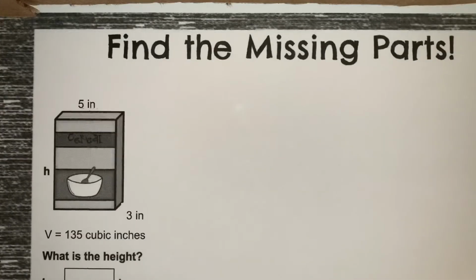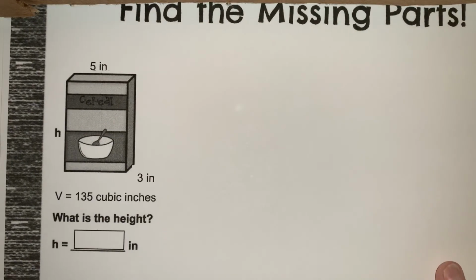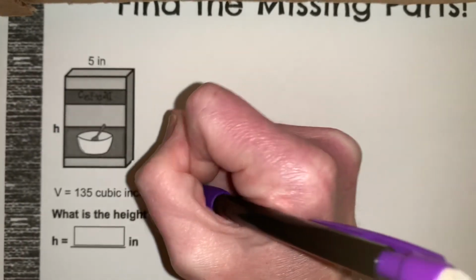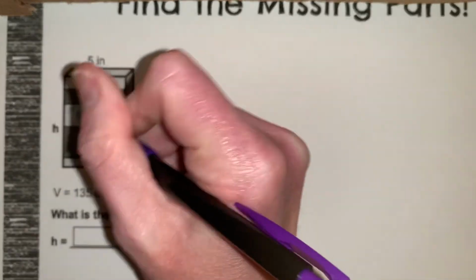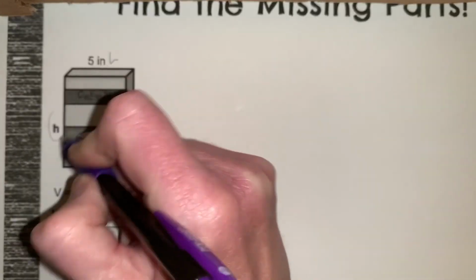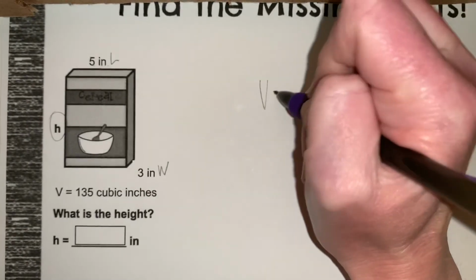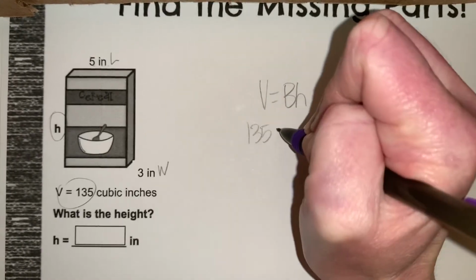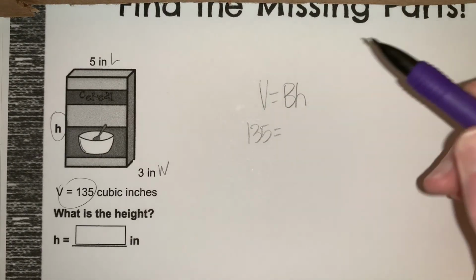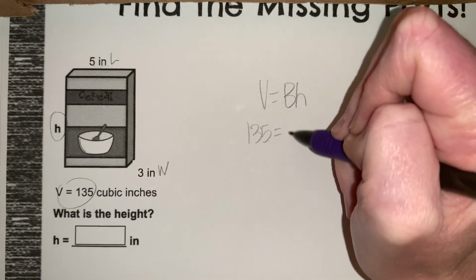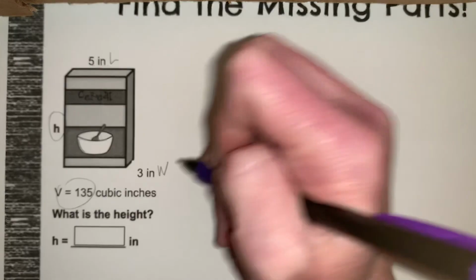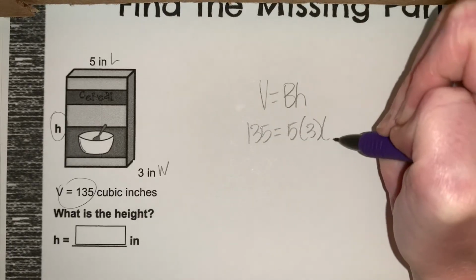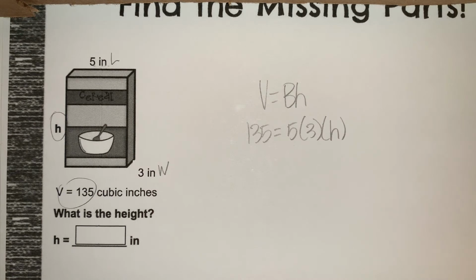And last example, we have a cereal box, and it gives us the width. It gives us the length, and we're missing the height. The total volume is 135 cubic inches. Put 135 for V. We do know the length. The length is 5. The width is 3. And we don't know the height. 5 times 3 times some number equals 135.